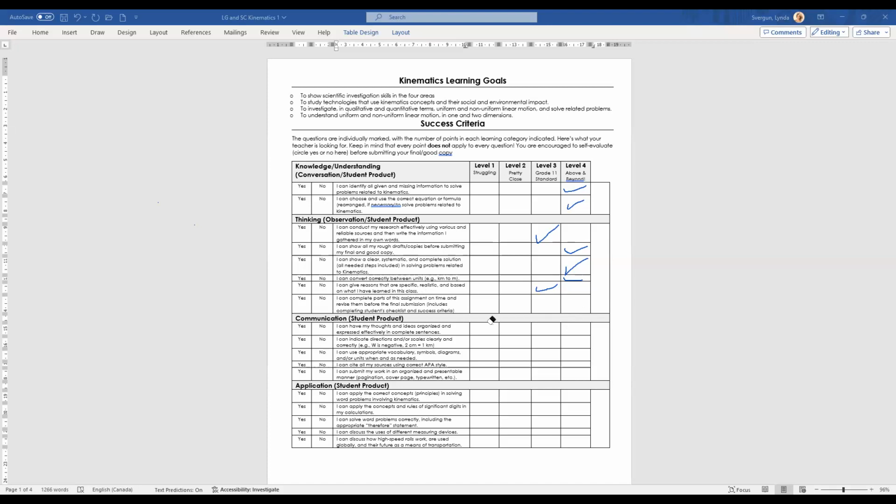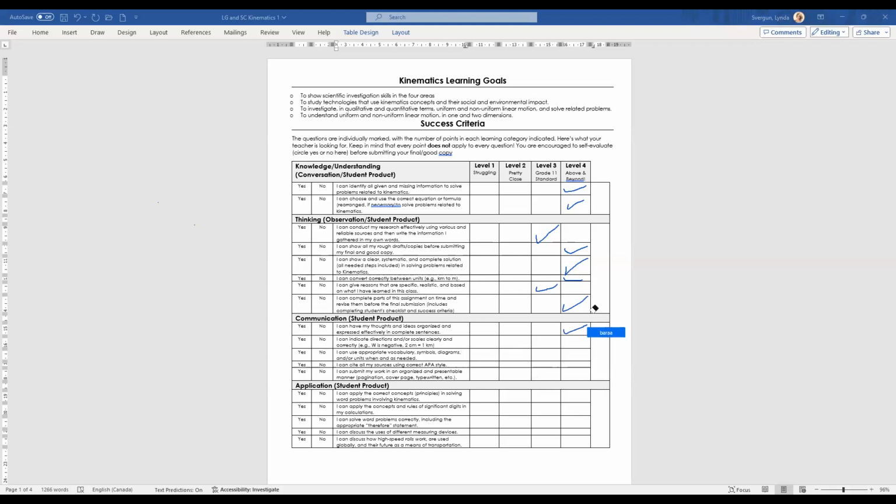And whenever you have assignments, you can complete them on time. For communication, usually using proper units, proper terms, and explaining what you're doing. So vocabulary, diagram, formulas.